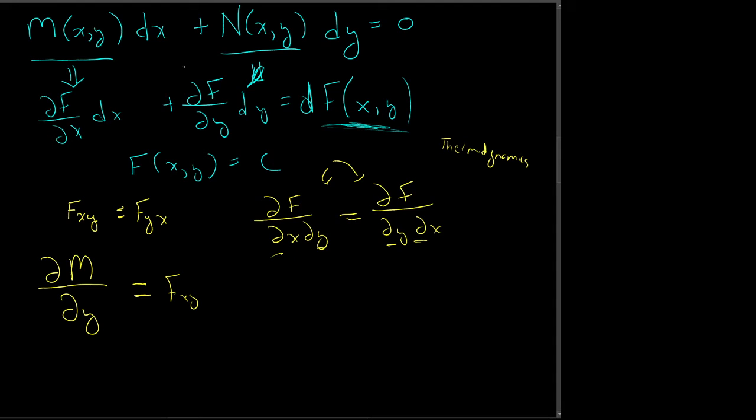And if I come over here and I take the partial of N in terms of dx, well, that's going to be the same as, well, I did my y first. Hope you can see my cursor bouncing up and down. And then I did my x.